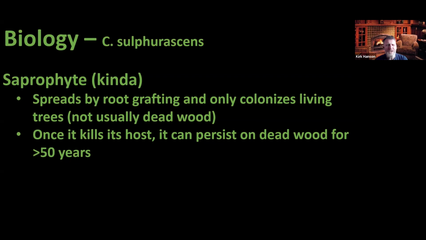So a question that I was not able to answer in the literature is, we see these old growth stumps in our forests that have been there for 100 years or so. Can this fungus continue to live on that medium for 100 plus years?